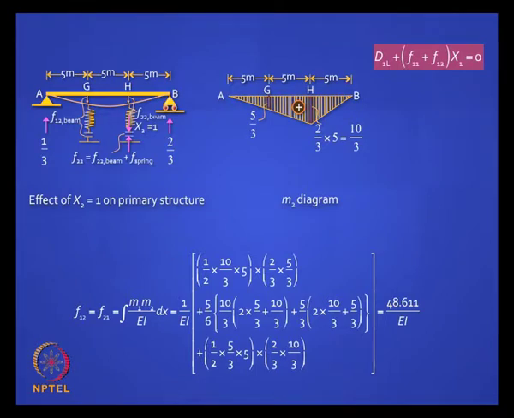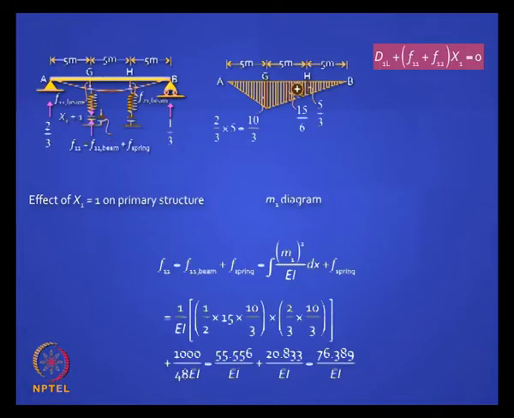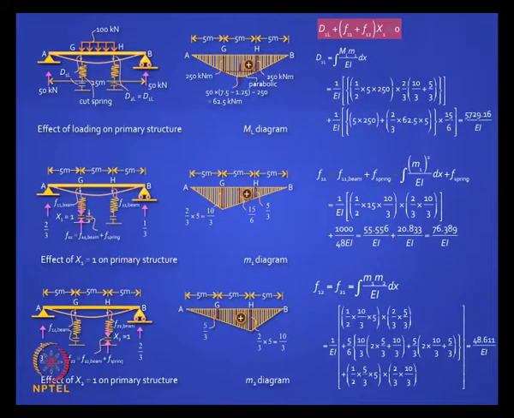So these are simple things you have done before, but remember F11 has two contributions, one from the beam and one from the spring, because the spring also elongates, so the spring also moves. The spring movement is a value that you already know, okay. So you can work this out, you can write F11, F12 and so on. Conceptually is this clear, okay.